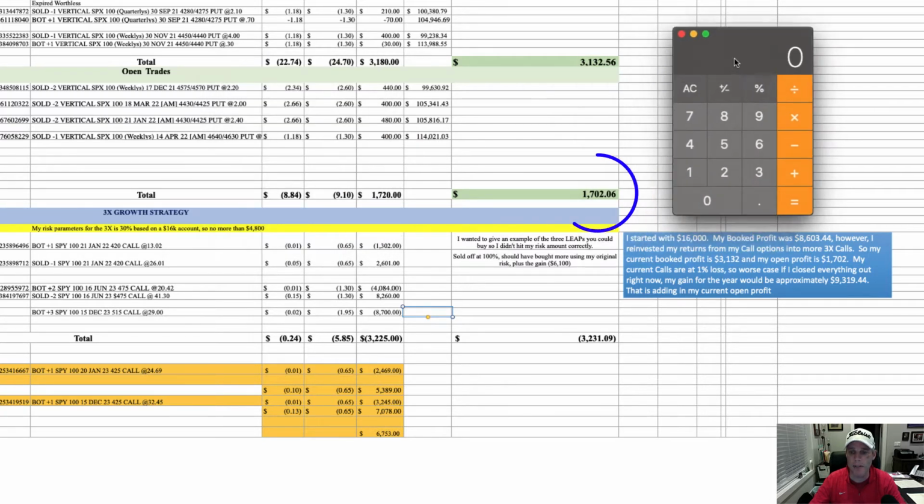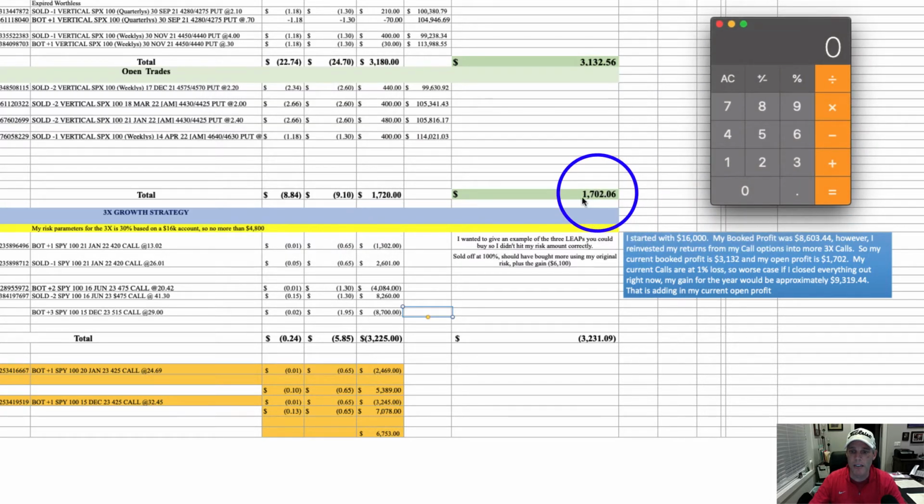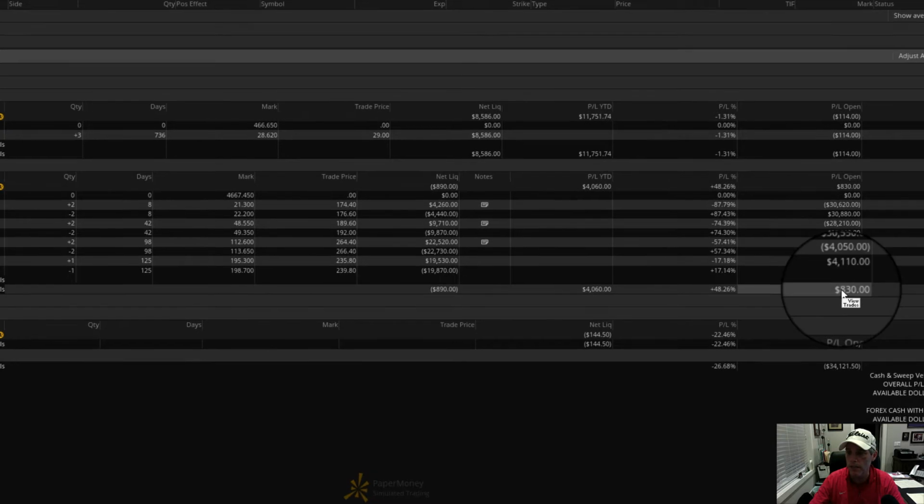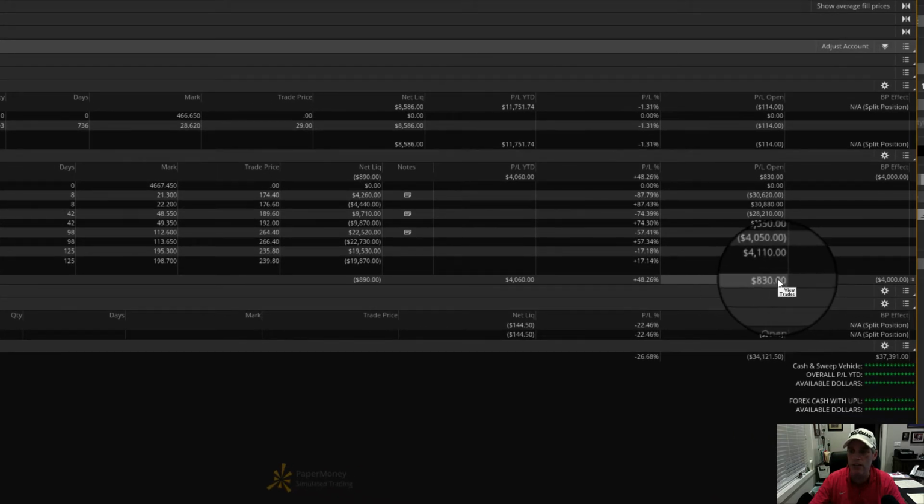The way I came to that was, you see how I said I have $1,700 in open profit here? Well, if we go over to the Thinkorswim platform, you can see I have $830 in open profit. That would be booked profit if I closed these trades out right now.